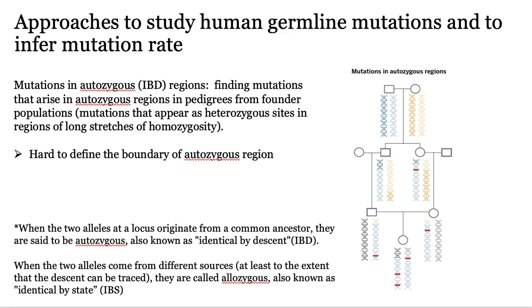So that's another way to infer mutation rate. The problem with this approach is that you need to first define the autozygous region. Basically, you need to define that this region and this region are autozygous, or identical by descent. And defining that boundary is always challenging, and that's one limitation.